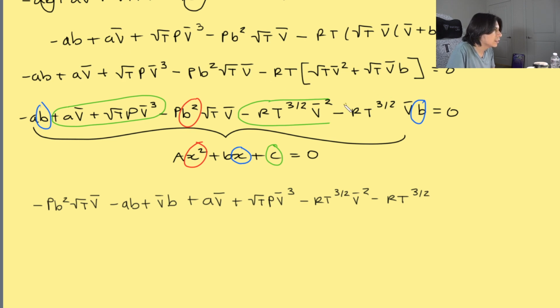Sorry about that. And then this blue part, I'm just going to delete that b bar and rewrite it back there: v bar b.